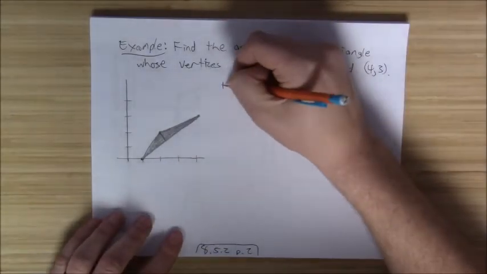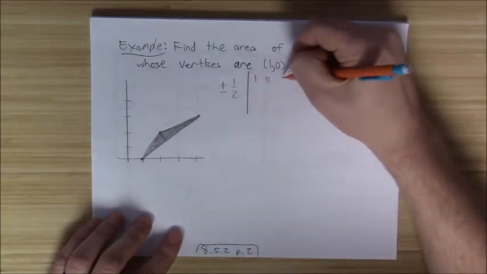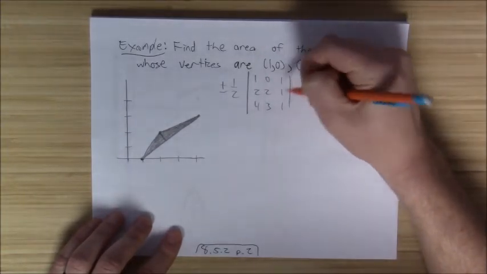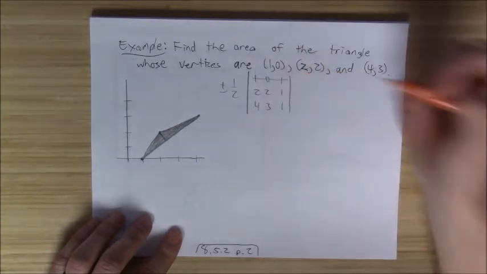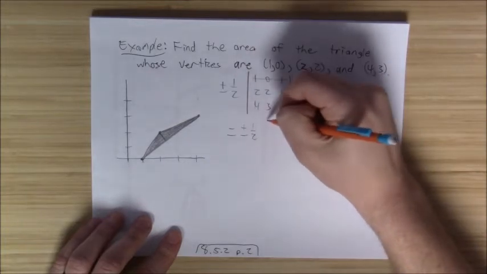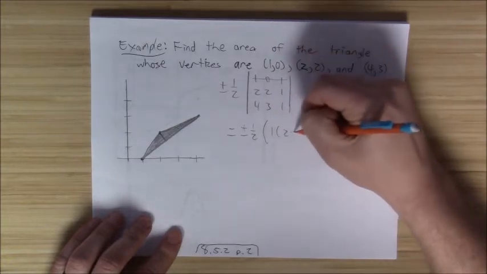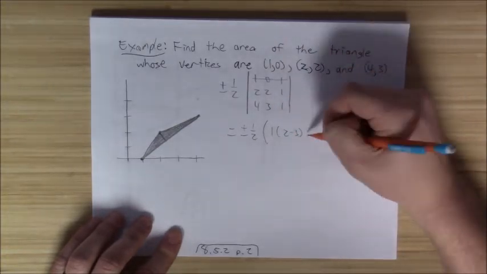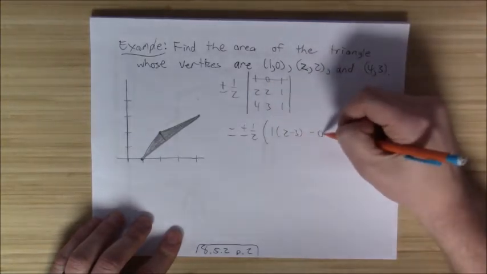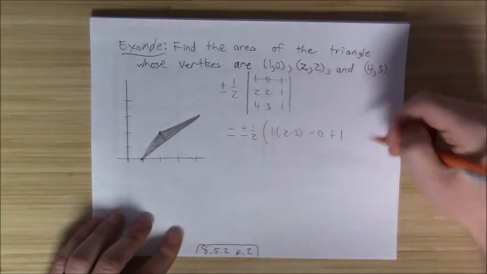Namely, the formula is plus or minus 1/2 times the determinant of the matrix with rows 1, 0, 1; 2, 2, 1; and 4, 3, 1. If we expand along the top, we end up with plus or minus 1/2 times 1 times (2 minus 3), minus 0, so we don't even need to worry about that, plus 1 times (6 minus 8).